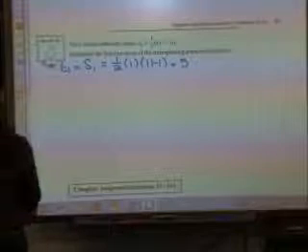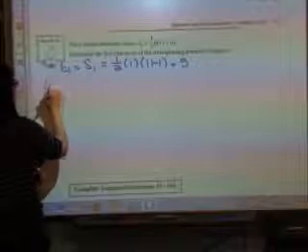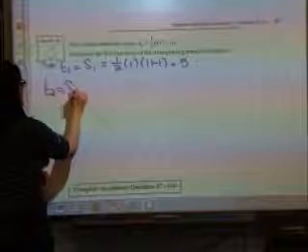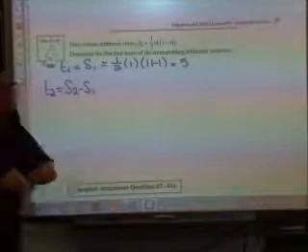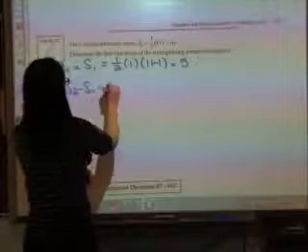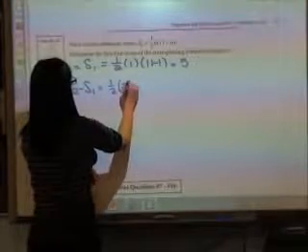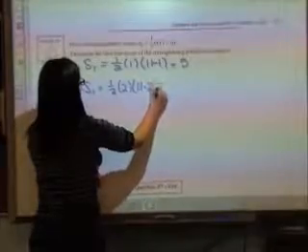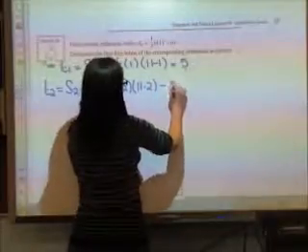Okay. To figure out the second term, it is the difference in the sum of the first two terms. So S of 2 minus S of 1, which I already know is 5.